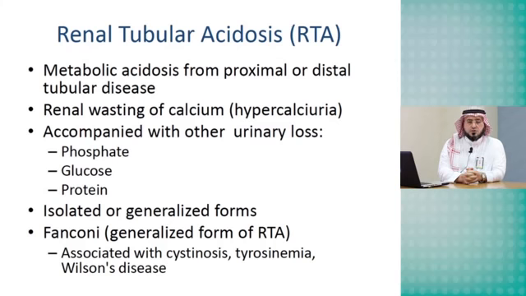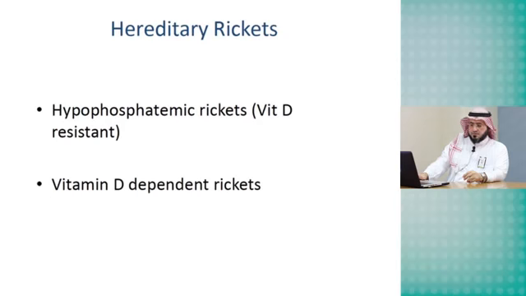Also, renal tubular acidosis could be not generalized, only an isolated form. A good example of that is isolated hypophosphatemic rickets, inherited as autosomal dominant or sex-linked dominant. This is also a rare disease, but we have to understand and read about it.